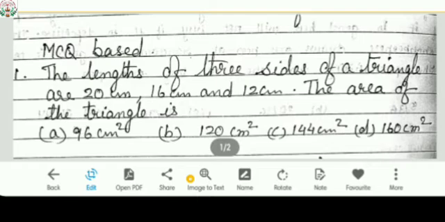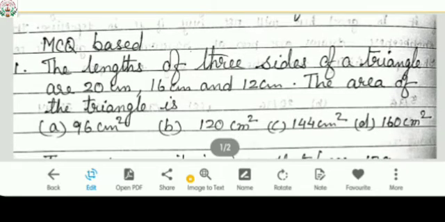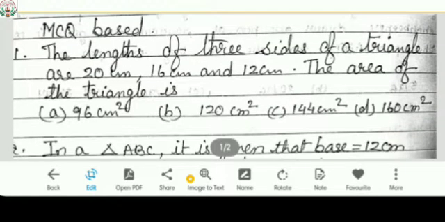Now for this, three sides of the triangle are given, so you have to find the semi-perimeter, that is S, and then the area of the triangle by using Heron's formula, that is square root of S into S minus A into S minus B into S minus C, and then put the values of A, B, C. A is 20 cm, B is 16 cm and C is 12 cm. Then you will get the area, and which area you are getting out of these four options, you see, and that will be the correct answer.